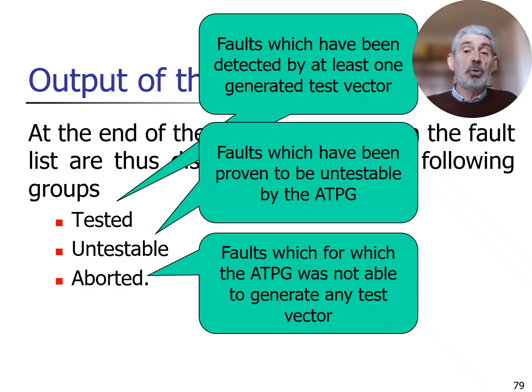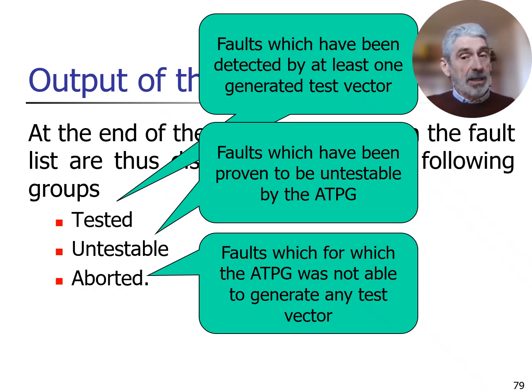So it is common to introduce a threshold saying after a given number of backtracks, please stop. At this point, if the fault was not labeled as untestable, and since no test vector has been generated, the fault is labeled as aborted. For an aborted fault, what I can say is simply, I don't know. I'm not able to test it. It may be untestable, but I'm not sure about that.